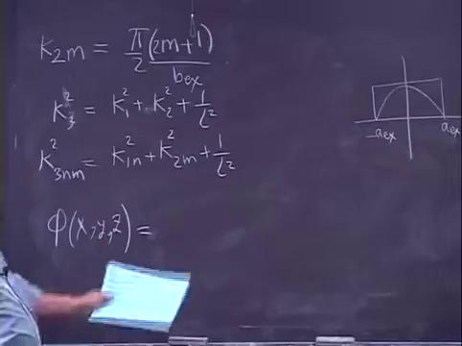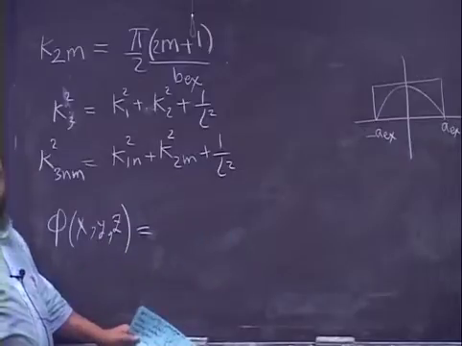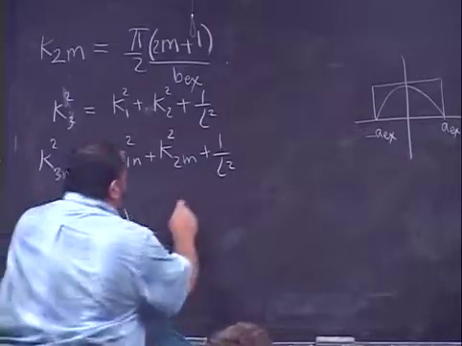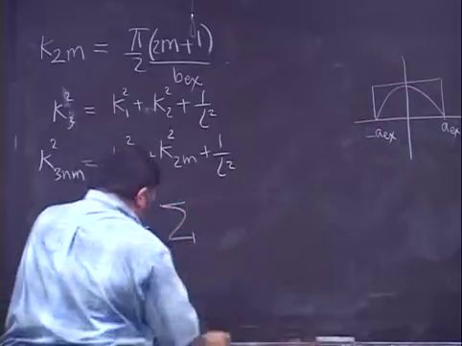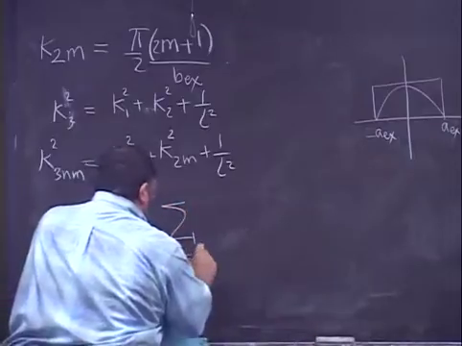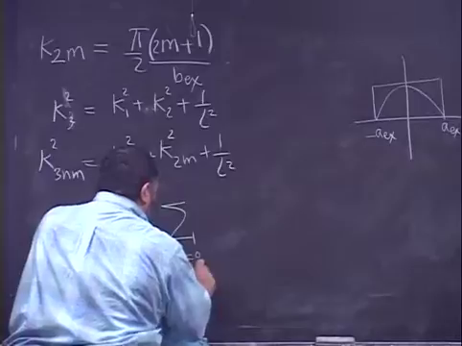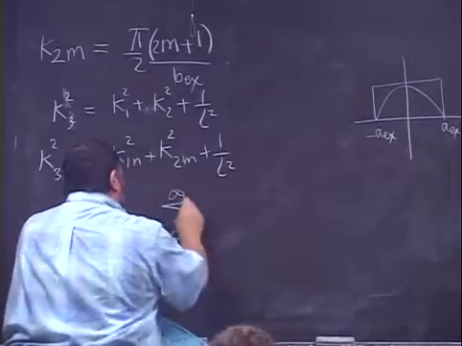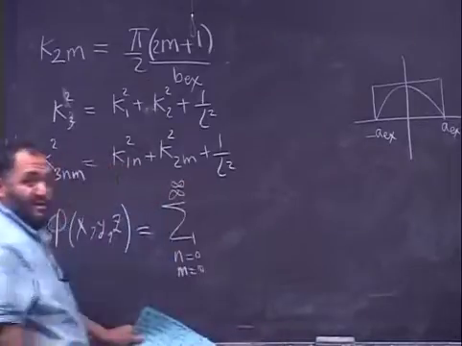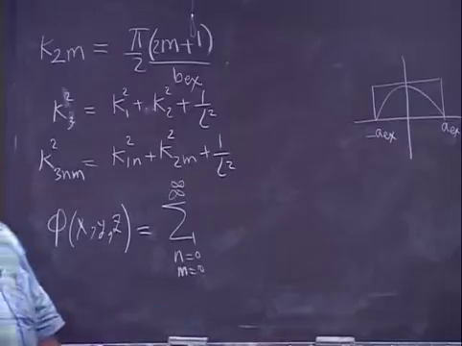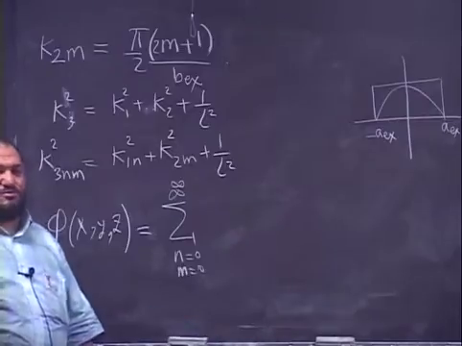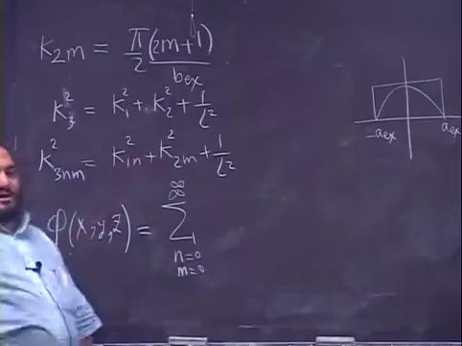Now I cannot put the multiplication as before. I have to put a summation here for n equals 0 and m equals 0 up to infinity. Why? Because I have n factor, yes, and m factor. All the n's will give me a solution.